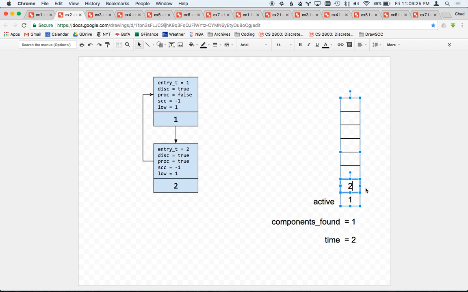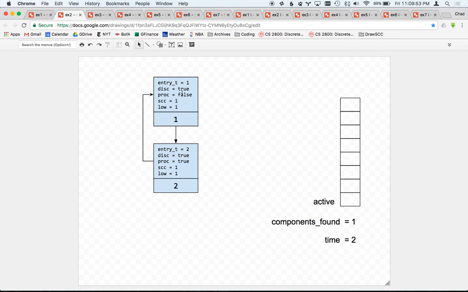And we pop vertex 2 off of the active stack and set its strongly connected component equal to 1, meaning the first strongly connected component we have found for this graph. And then we also pop 1 off the active stack and set its strongly connected component to be 1.